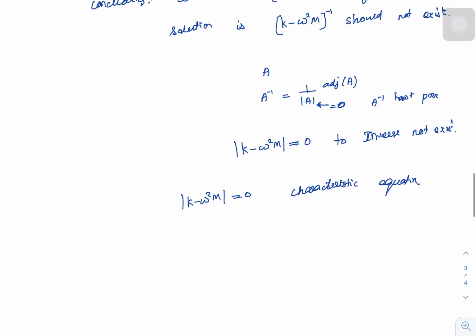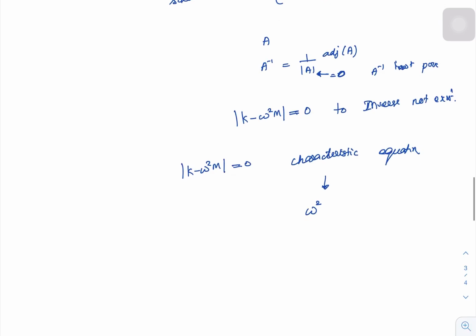From this characteristic equation we will get omega square. Then we can write these omega square values in ascending order: omega 1 square, omega 2 square, up to omega n square.